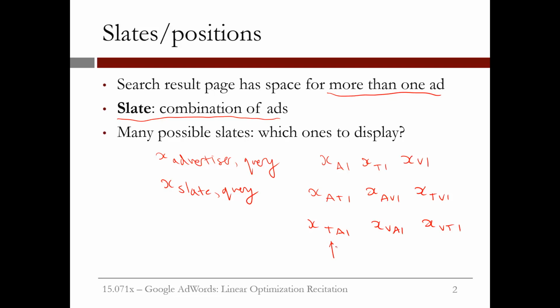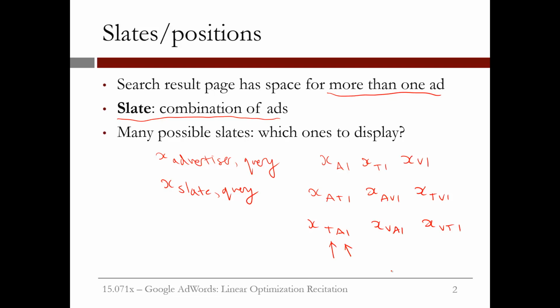So for example here, T-Mobile is placed in the first position for XTA1, and AT&T is placed in the second position. We would formulate our objective and our budget and query constraints in the same way as before, but making sure that slates that contain a certain advertiser use up that advertiser's budget, and slates in a given query account towards that query's estimated number of requests.